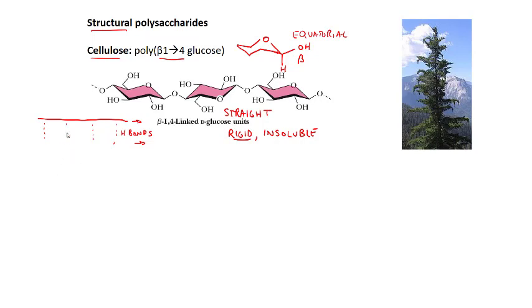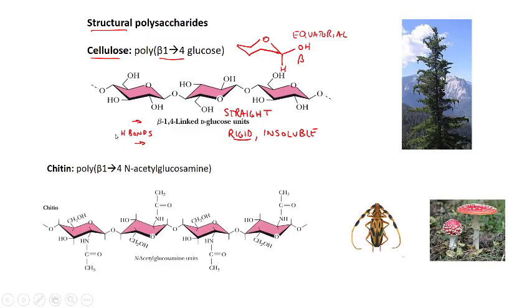There's a similar, less well-known structural polysaccharide called chitin, and chitin is almost the same thing as cellulose. It's also got beta 1 to 4 linkages, but instead of glucose, it's N-acetylglucosamine, which means that instead of this OH group over here, what we have is NHCOCH3.